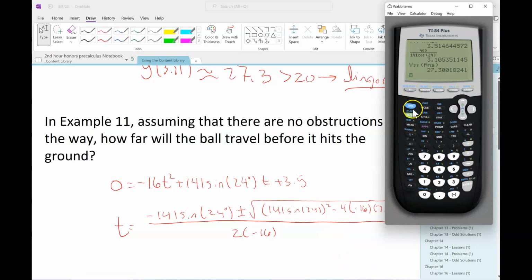Again, to do something like this, I'd recommend using that fraction command on your calculator. I'm going to have to do 2 of these.